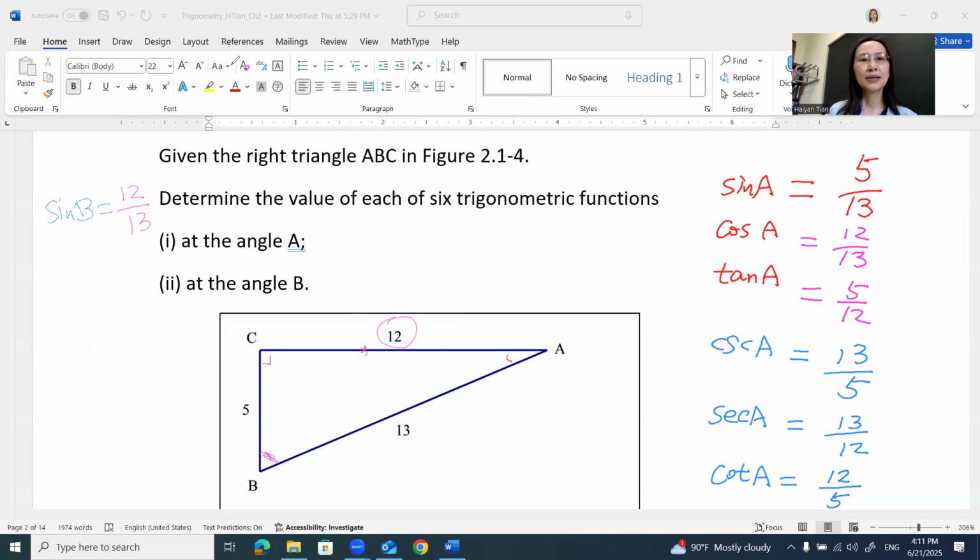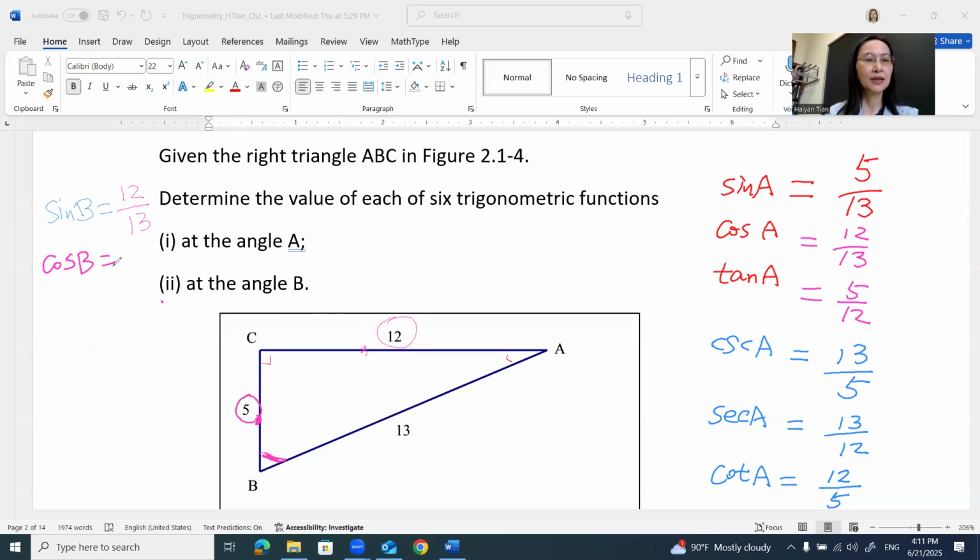Now, next one is the cosine at B. This time we need to use the side adjacent to B, okay, which is 5. 5 is the side adjacent B, right?